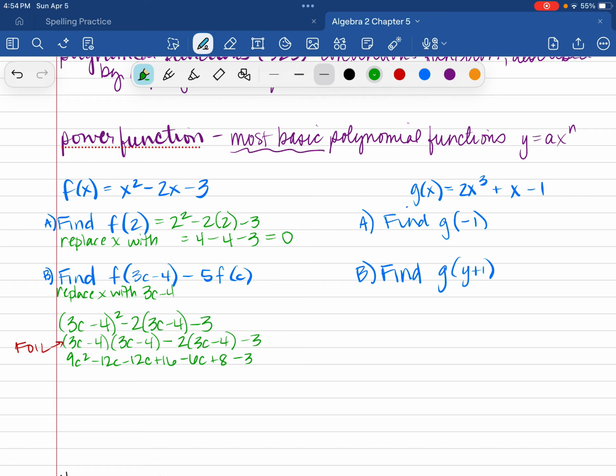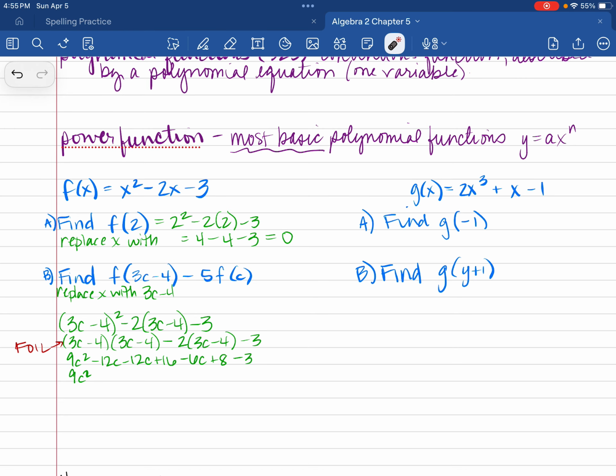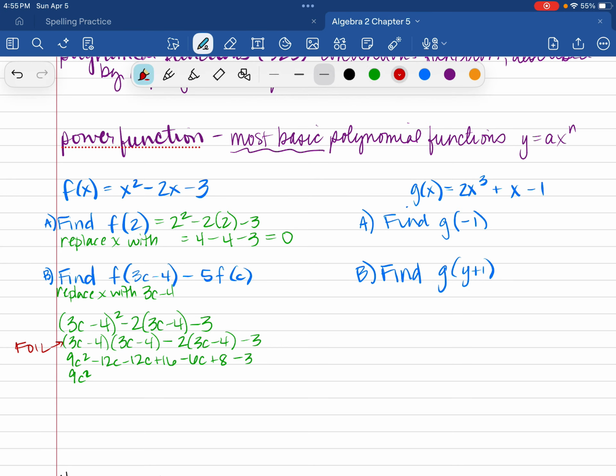Then, once we've gotten rid of all the parentheses, we can combine like terms. I'm going to start with my highest powered term, which is my 9c squared. There's no other c squareds, so we just have that. And then all of our c terms, we have a -12c, -12c, -6c.